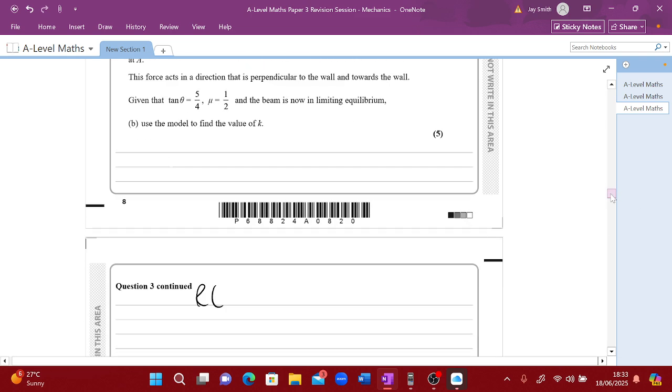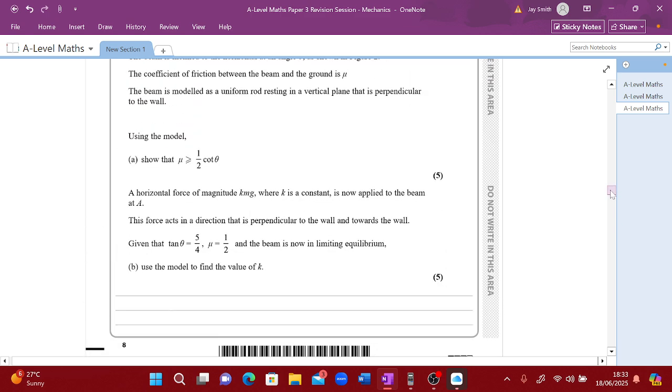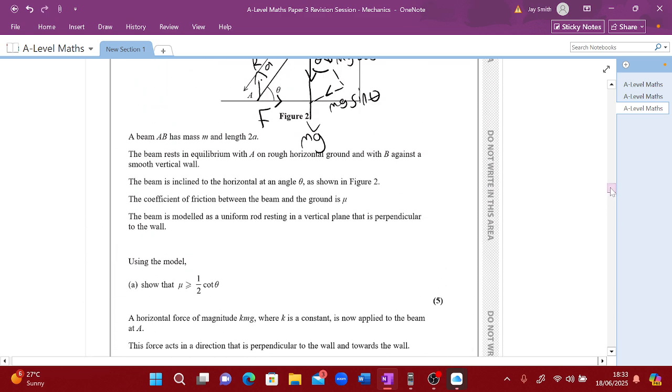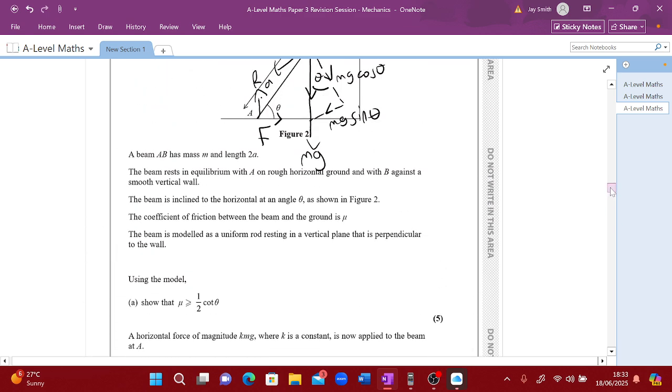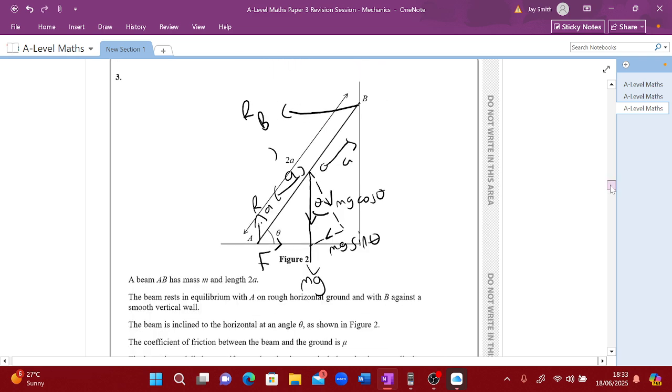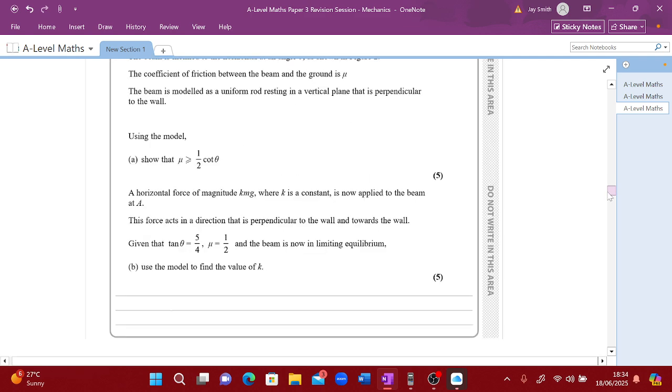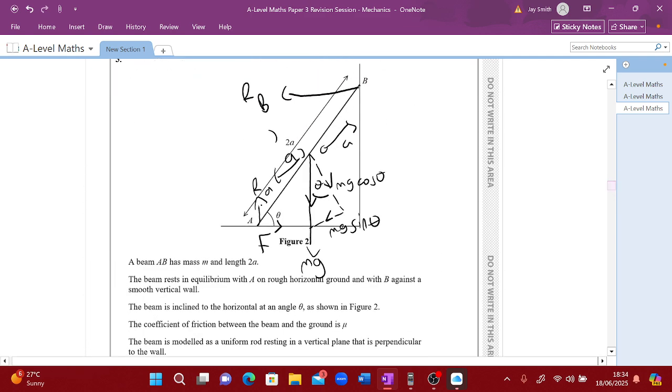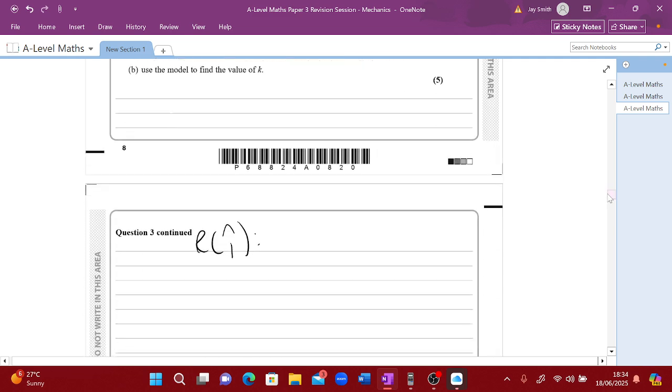So if we firstly resolve up, I need to note it's an equilibrium, so the opposite forces will equal each other, no MA. So going up, we've got the reaction force at A, and then we also have the weight mg. So that means RA, the reaction force at A, is going to equal mg.